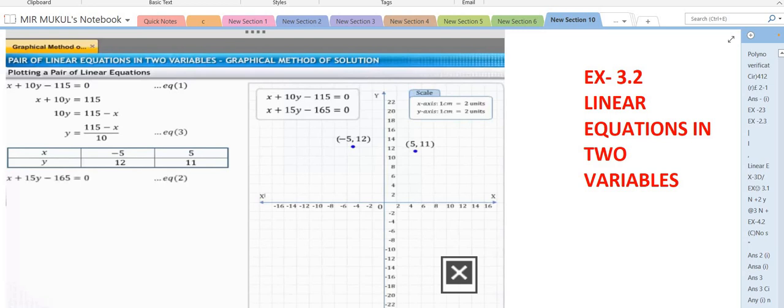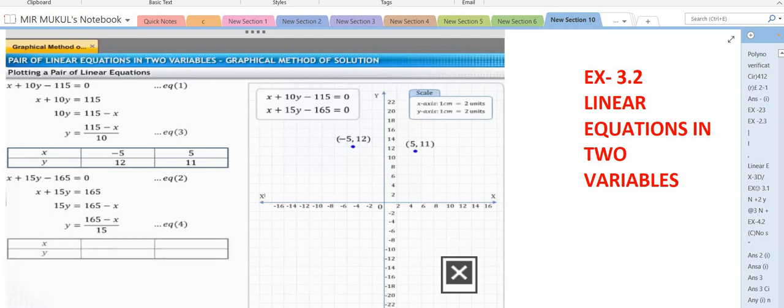Similarly, the second equation can be rearranged such that y is the subject. This is equation 4. Here the values for x are taken as -15 and 15. Substituting these values for x in the equation and solving it, we get the values of y as 12 and 10 respectively. Therefore, the two ordered pairs for the second equation are -15, 12 and 15, 10.